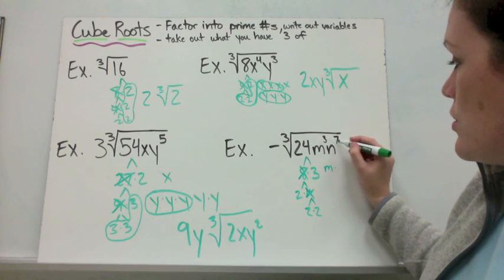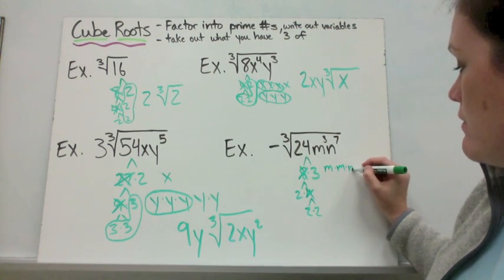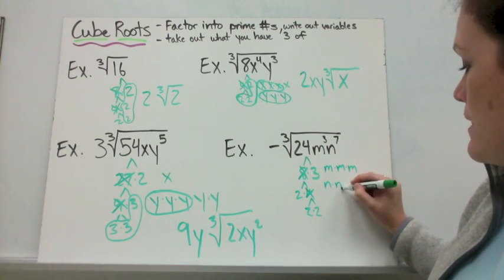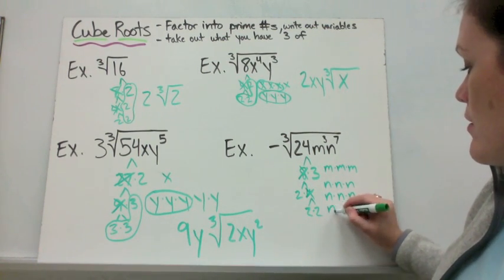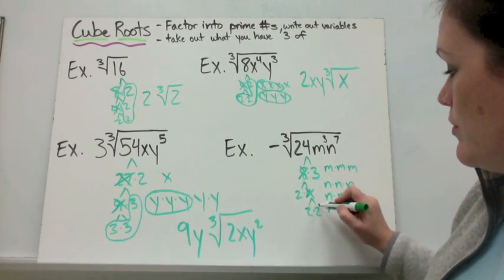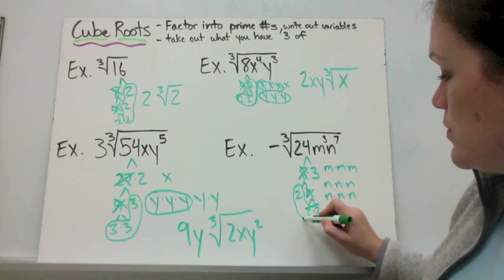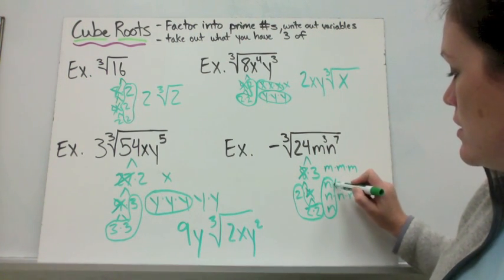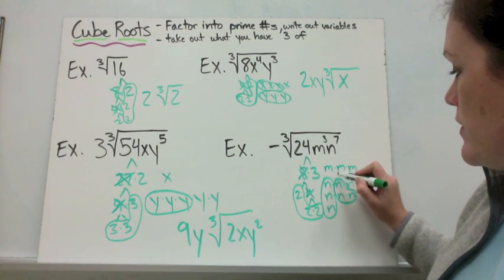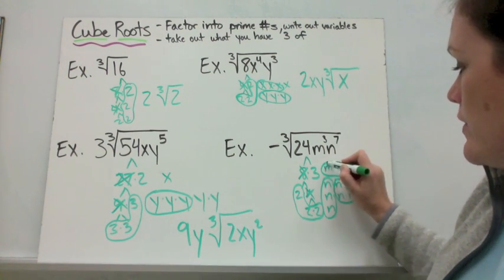We have m to the 3rd and n to the 7th, if that's hard for you to see. So I'm going to write them all out. And we can circle groups of 3. So we have 3 2's, one group of n, another group of n, and a group of m's.